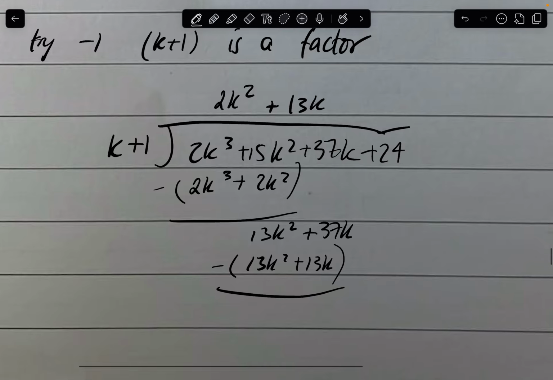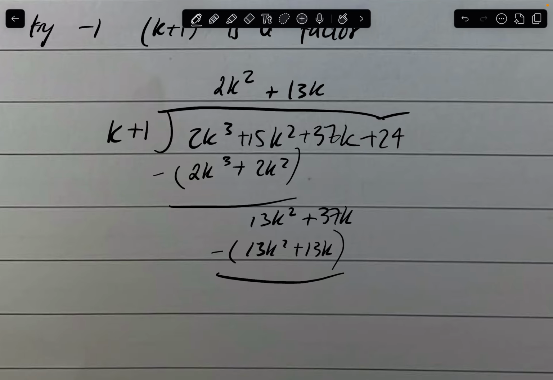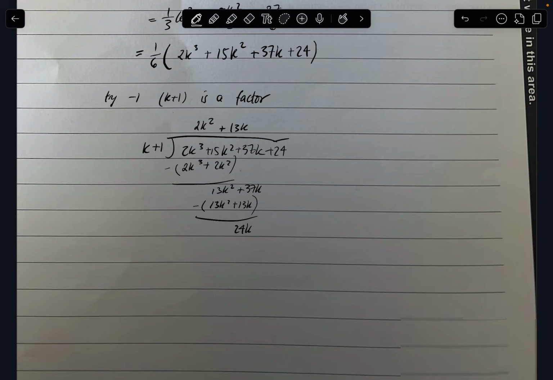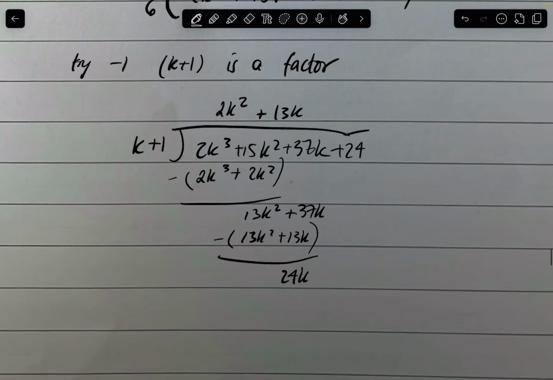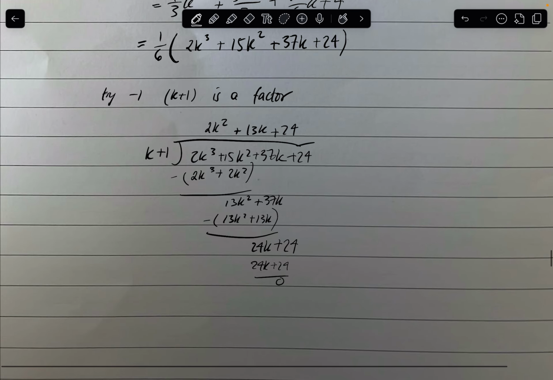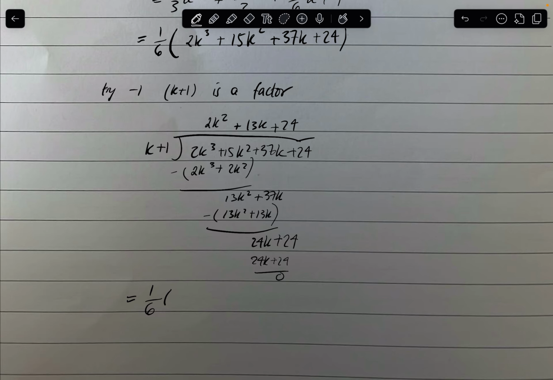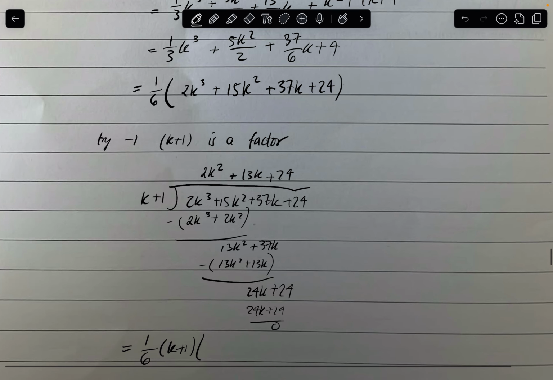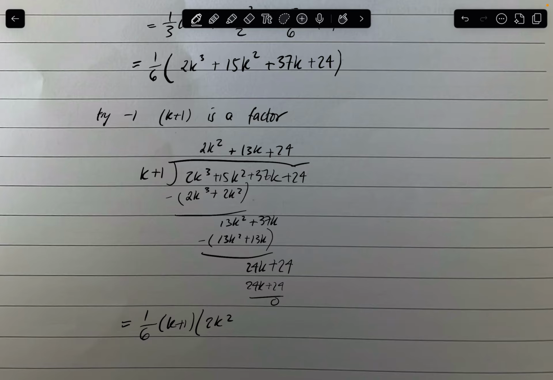Subtract, and you get 24k plus 24, and that's 24k plus 24, which is 0. So we can say that this is 1/6 k plus 1, and then we'll have 2k squared plus 13k plus 24.